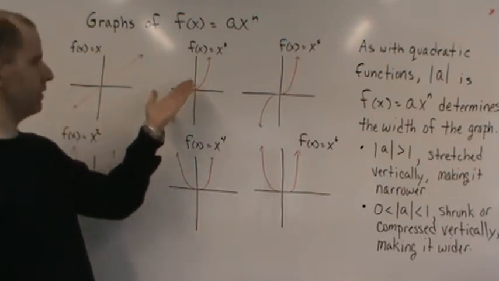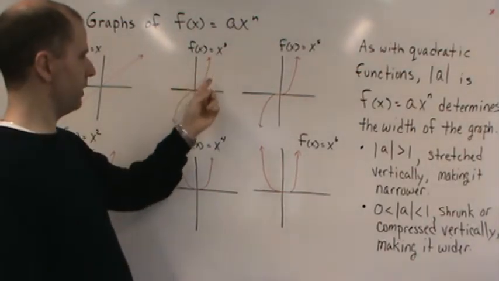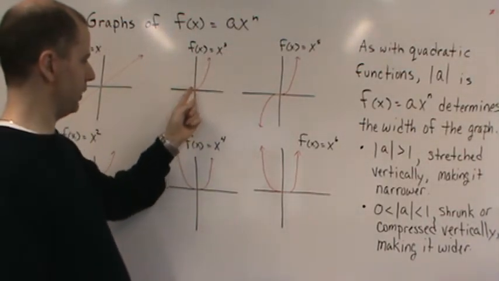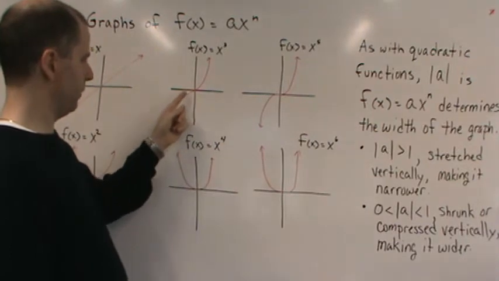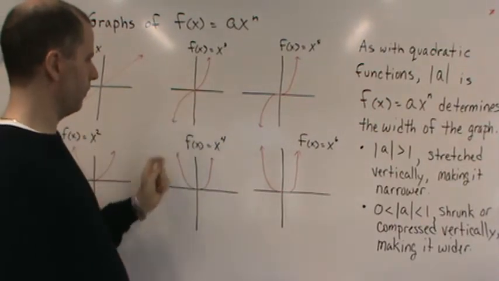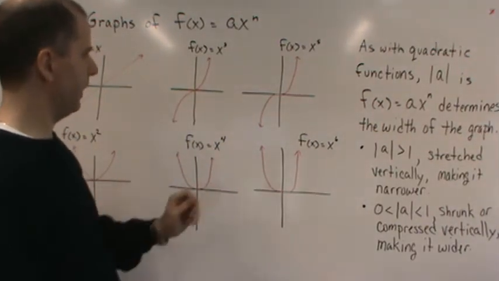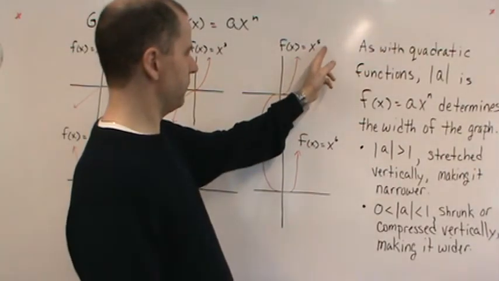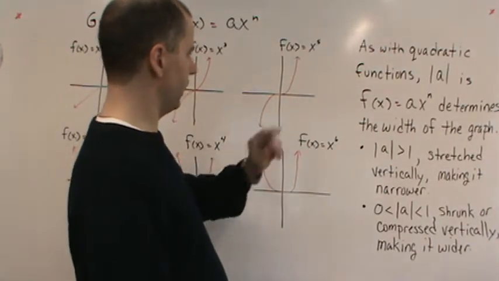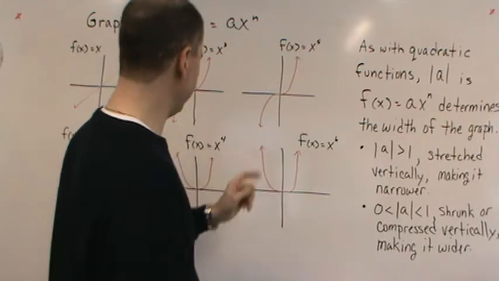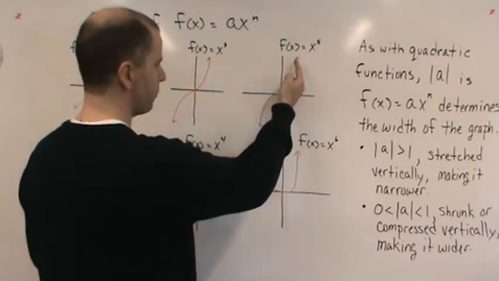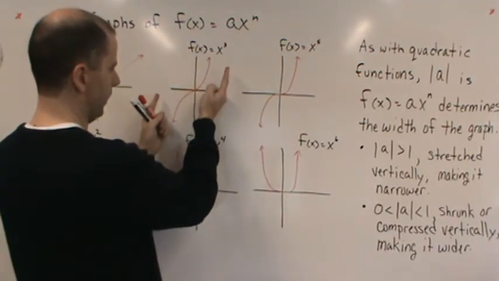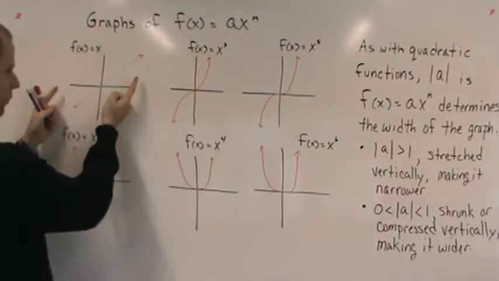But if we get x cubed, notice that it now is curved and it goes through the origin. And then at x to the 5th degree, now it becomes flatter. So here, now it's coming down, it's more narrow, right?